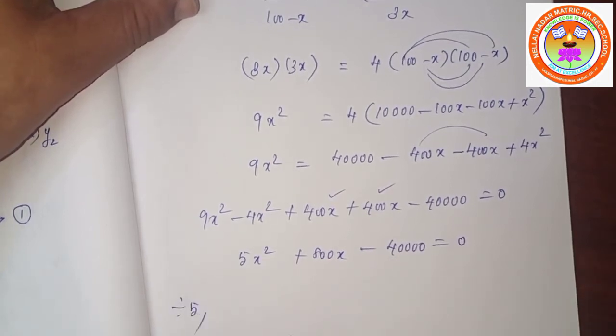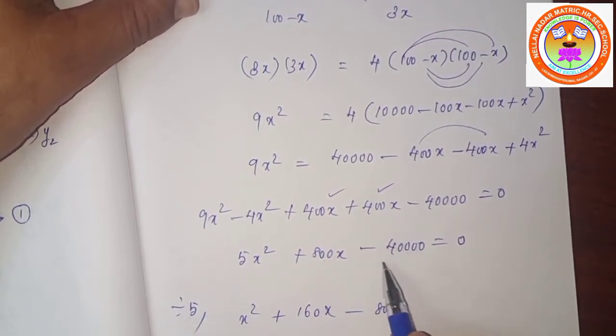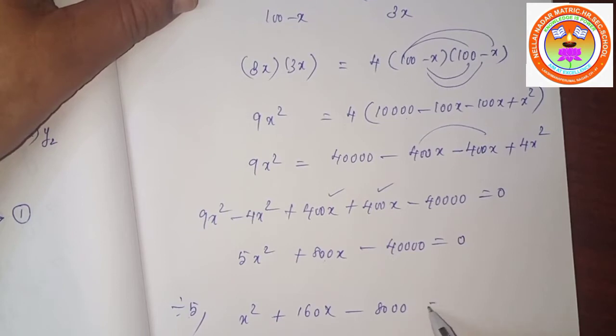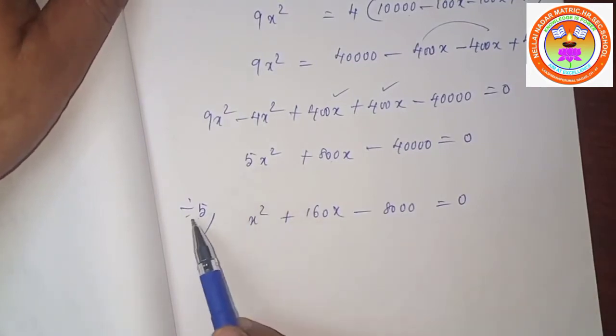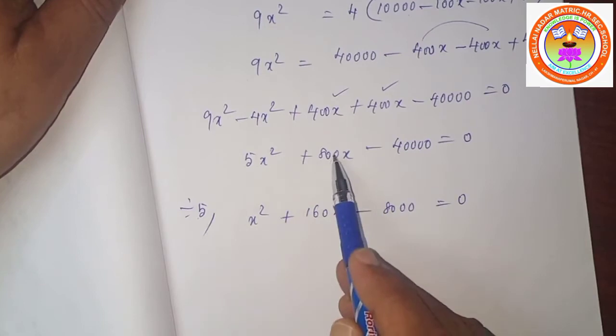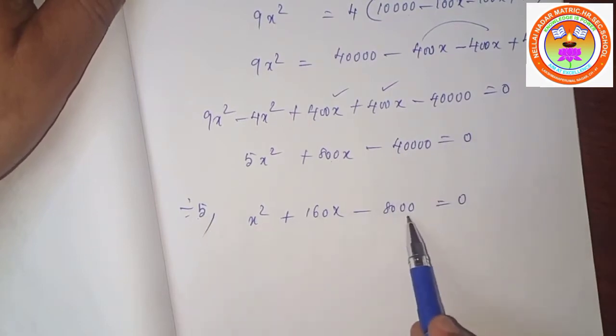Dividing by 5, 5x squared by 5 is x squared, 800x by 5 is 160x, and 40,000 divided by 5 is 8,000. So x squared plus 160x minus 8,000 equals 0. We have to solve this equation.